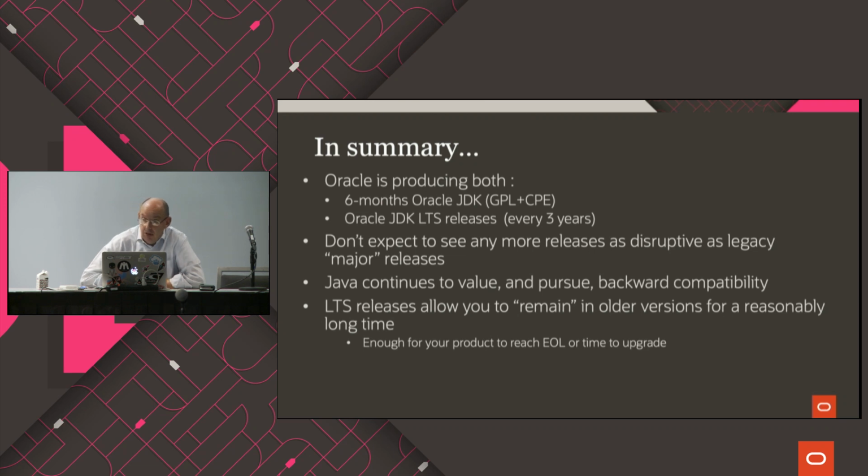We'll continue to value backward compatibility. We feel that, and we're starting to see to some level, that once people go over the hump of 9 and get into 11, 12, 13, things get much easier. Much easier because they have shifted their mental model and know that now they can update every 6 months.